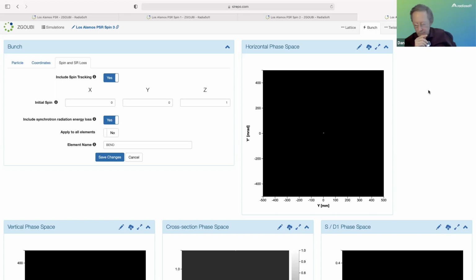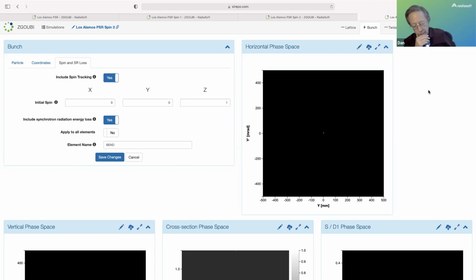And it's a benchmark that Etienne and Francois did between Zgoubi and PTC. And Etienne's comments about PTC were that its fringe field models were much better than those in PTC.